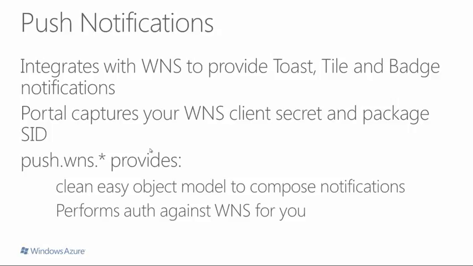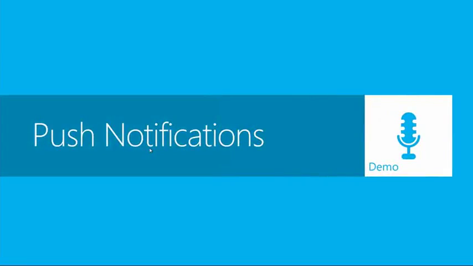Those operations allow you to compose a notification in a few lines of code. We'll build that as well. It's a clean and easy object model such that you don't need to understand how to perform the auth against WNS or how to compose that XML notification payload. It abstracts all that complexity away from you, and it provides a means by which you can do it in a line of code. So let's build that.